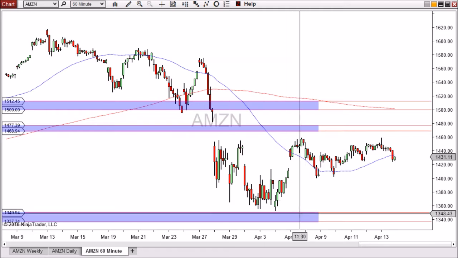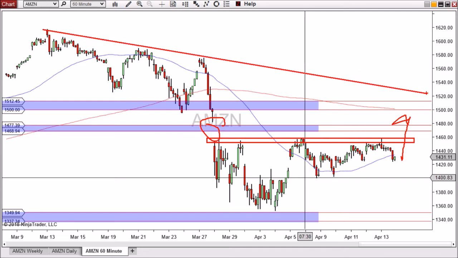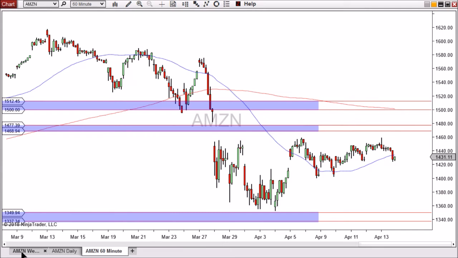Looking at the 60-minute chart here, we're looking at this thing get above this zone, essentially filling this gap. Then we're looking at these guys here. If you like, you could put in a trend line here. But again, if we come down and break below this 1400 level, then we're looking at possibly 1350 on Amazon.